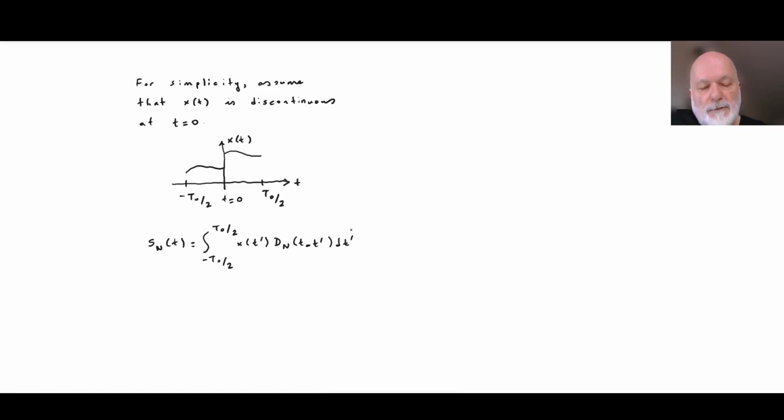Now the Dirichlet kernel, remember, tends to the impulse train as n tends to infinity and Sn tends to x of t. So the limit as n tends to infinity of Sn of t is x of t.